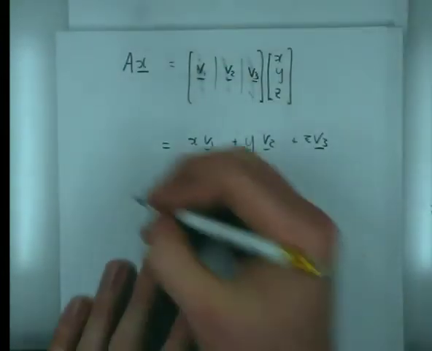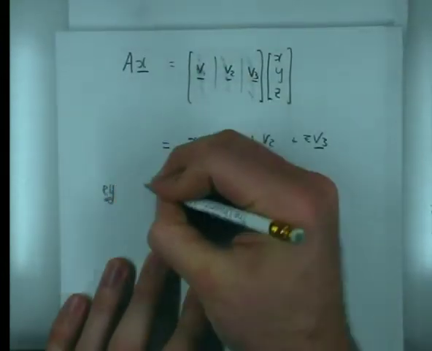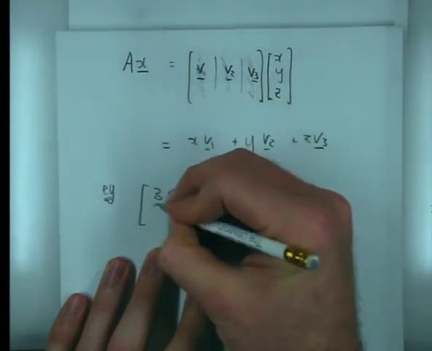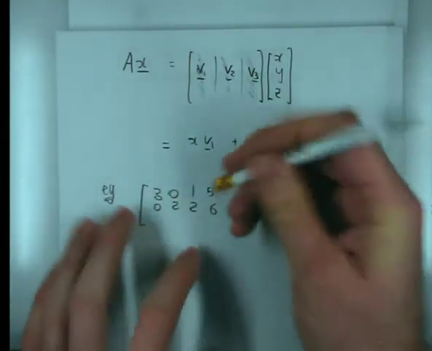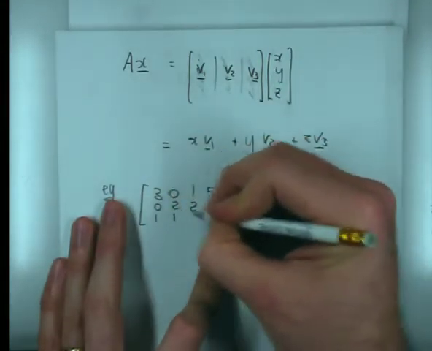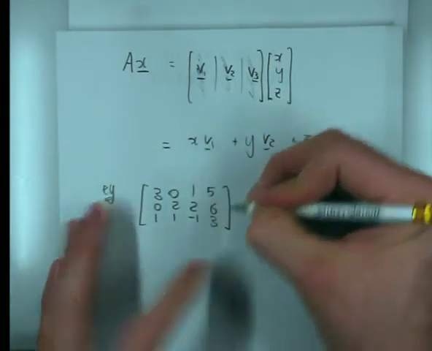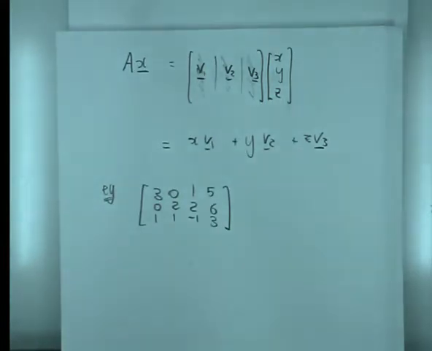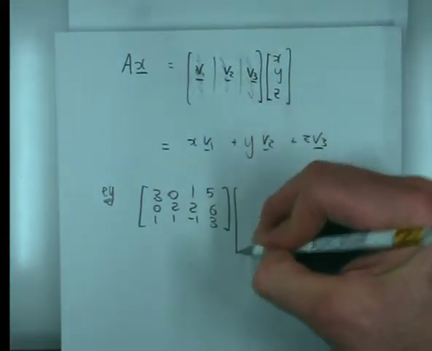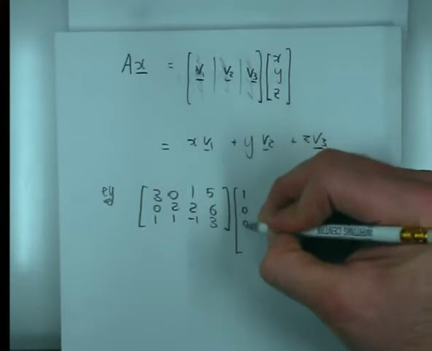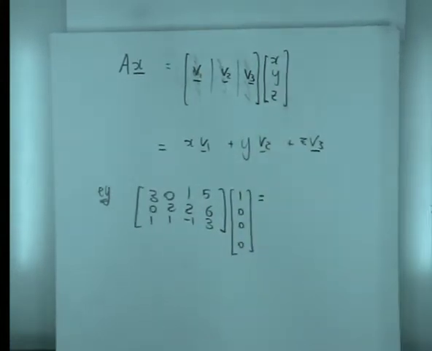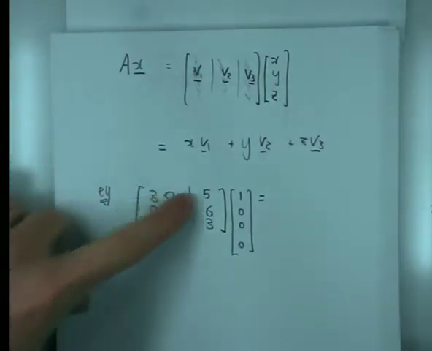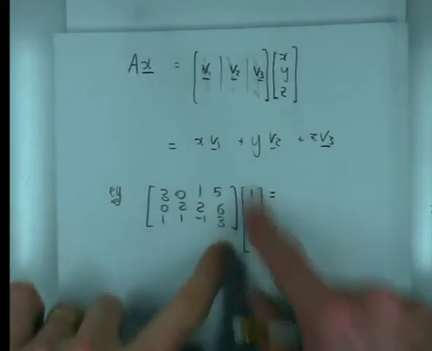Let me give you some examples to really ram this home. Choose a nice long matrix. Now, I could, if I wanted to, go this times this, this times this, this times this.